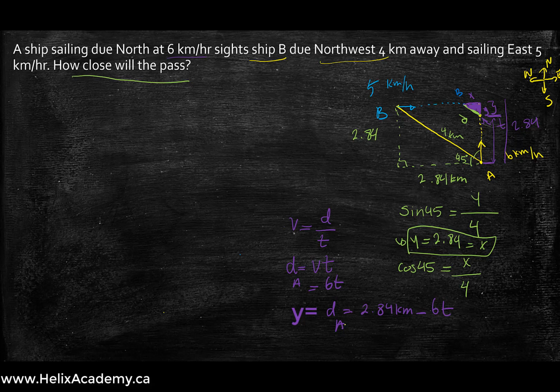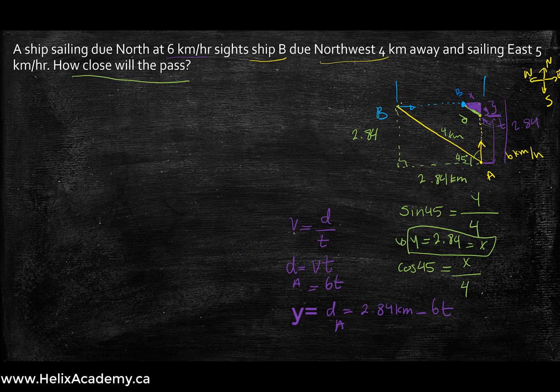Now I can say the same thing for ship B. So let's say from here to here is 2.84, and at time t, ship B is at this blue point here.